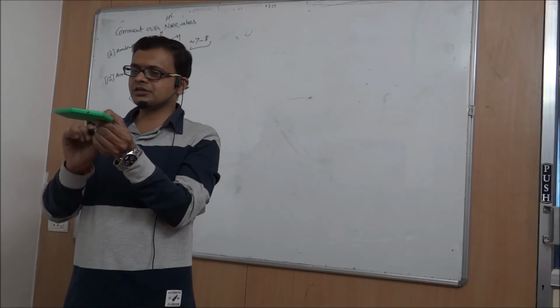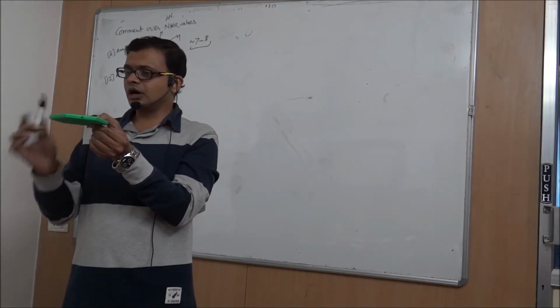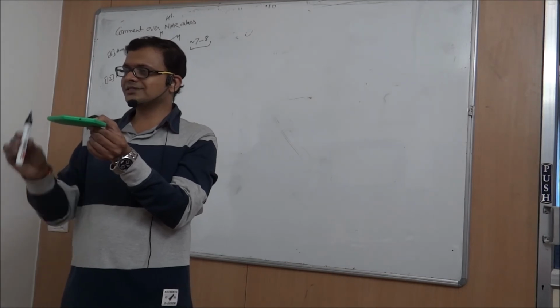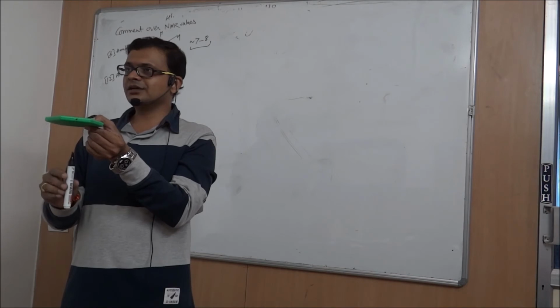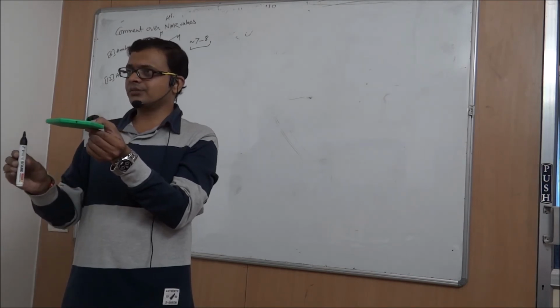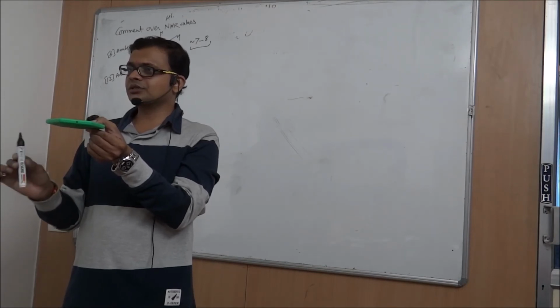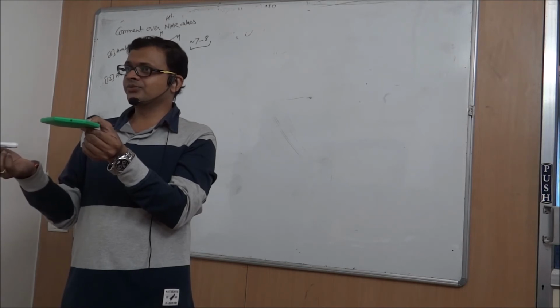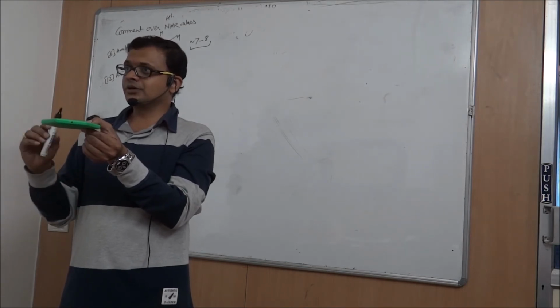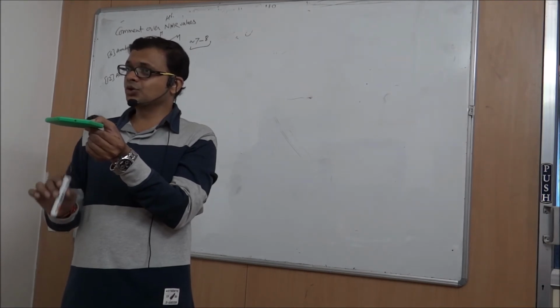So outside the ring the directions are the same, and inside opposite. This is called the paramagnetic zone, and this is called the diamagnetic zone. If any hydrogen comes in the paramagnetic zone, higher delta value. If hydrogens are in the diamagnetic zone, lower delta value.